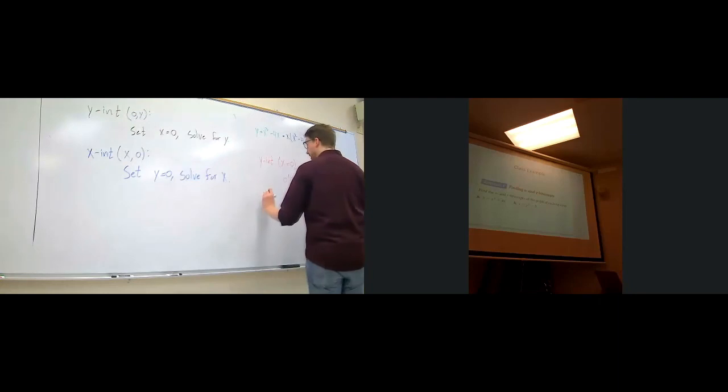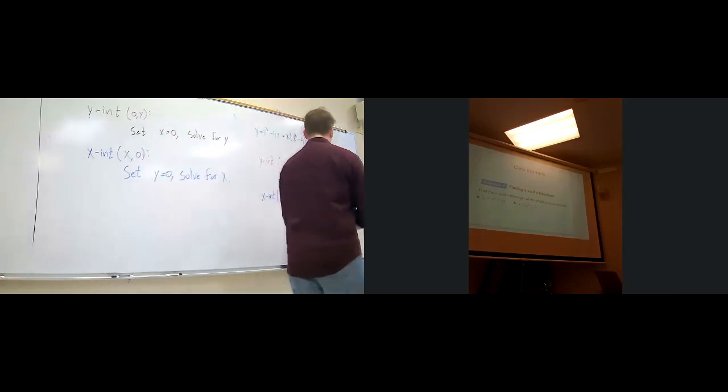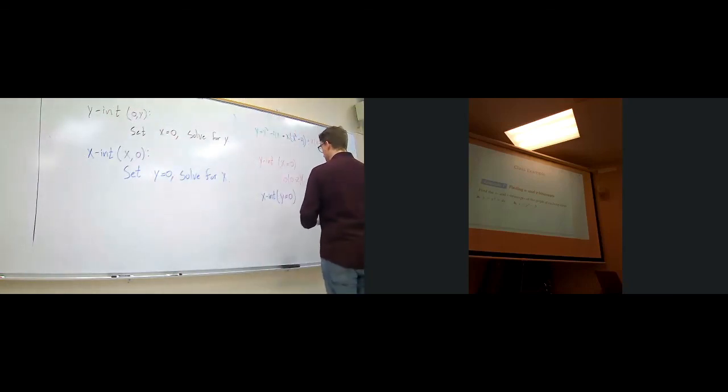Now, the X-intercept, we want to set Y equal to 0. So what we're doing then is saying X times X minus 2 times X plus 2 is equal to 0.